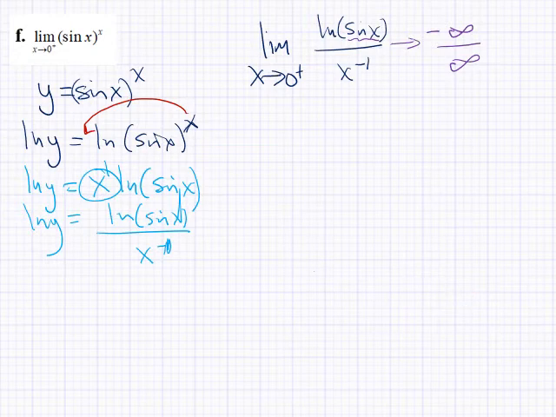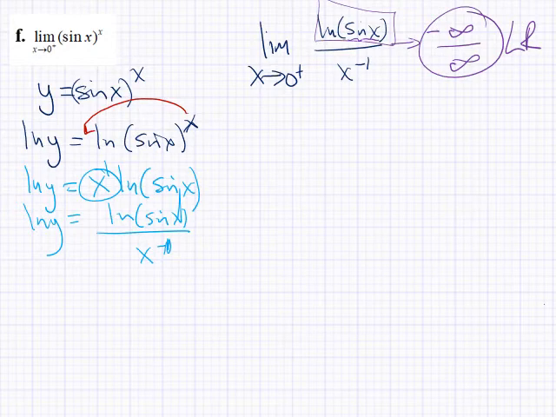The reason why it's from the right ultimately has to do with a little bit of this here. Logs are only defined when x is positive. So, anyway, this is a L'Hopital's rule problem, right? This is an indeterminate form.